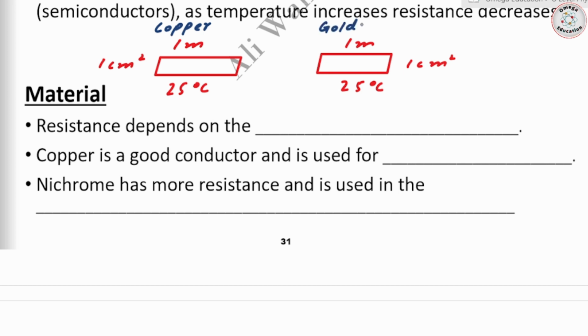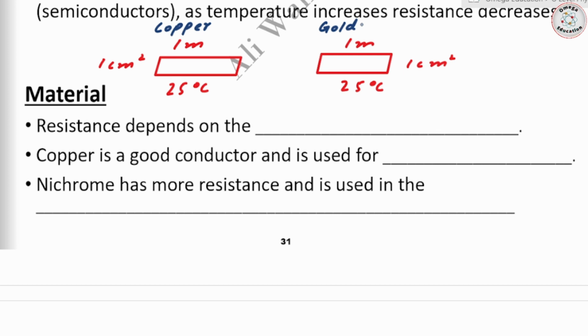Even if they have the same length, the same cross-sectional area, and they are kept at the same temperature, still the resistance offered by both of them would be different, because resistance not only depends on the dimensions or the temperature, it also depends on what the object is made from, or what the electronic configuration of that material is.